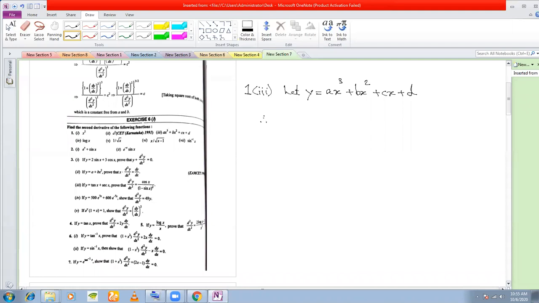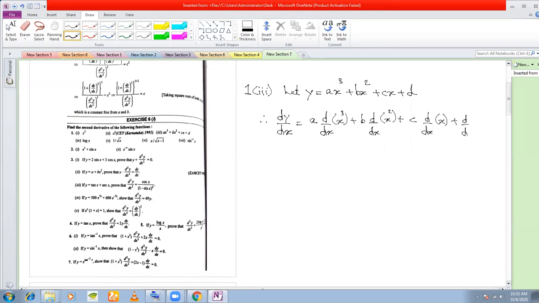So we first find out the first derivative of y. So therefore, what is dy/dx? If I differentiate directly, a is a constant, you can take it out of the differentiation. b is a constant, you can take it out. c is a constant, you can take it out.